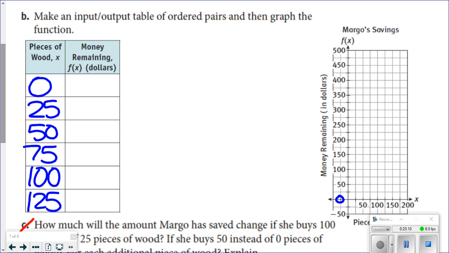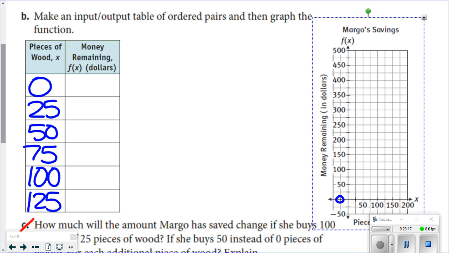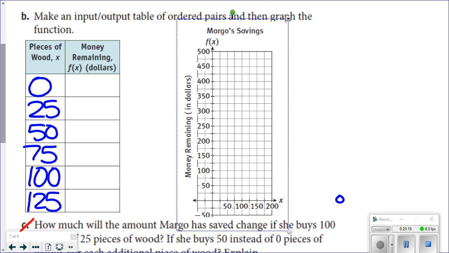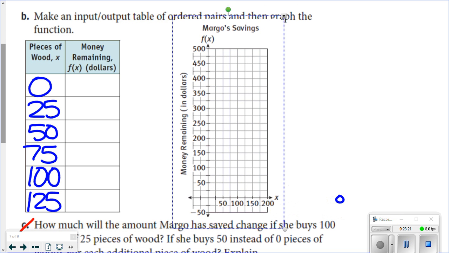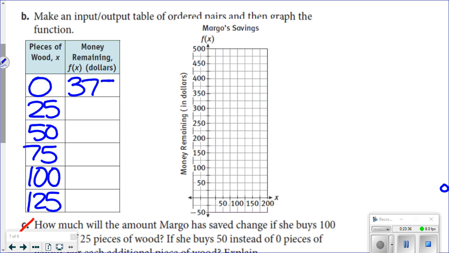Before we went up by ones, but in all reality, she needs a lot more pieces of wood than just 1, 2, 3, 4, 5. Okay, so how do we figure this out? Well, obviously, if she buys 0 pieces of wood, the remaining amount of money that she has is $375.